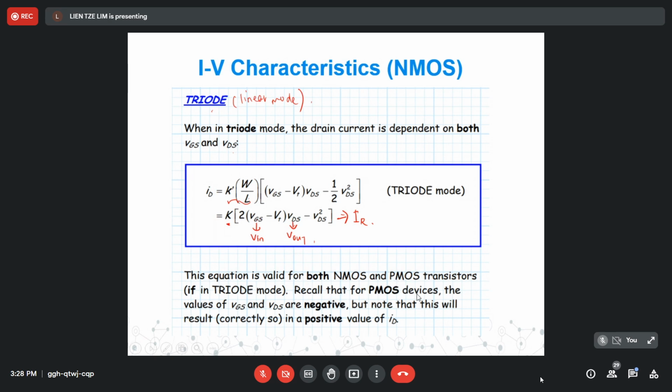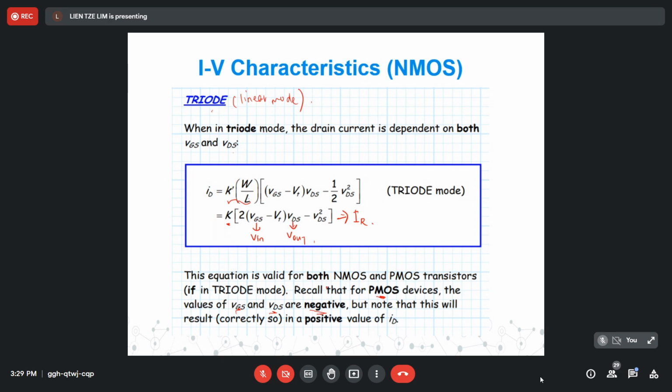Recall that for PMOS devices, the values of VGS and VDS are negative, but note that this will result in a positive value of ID. So this one you also must take note. For PMOS, the VGS and VDS are negative.